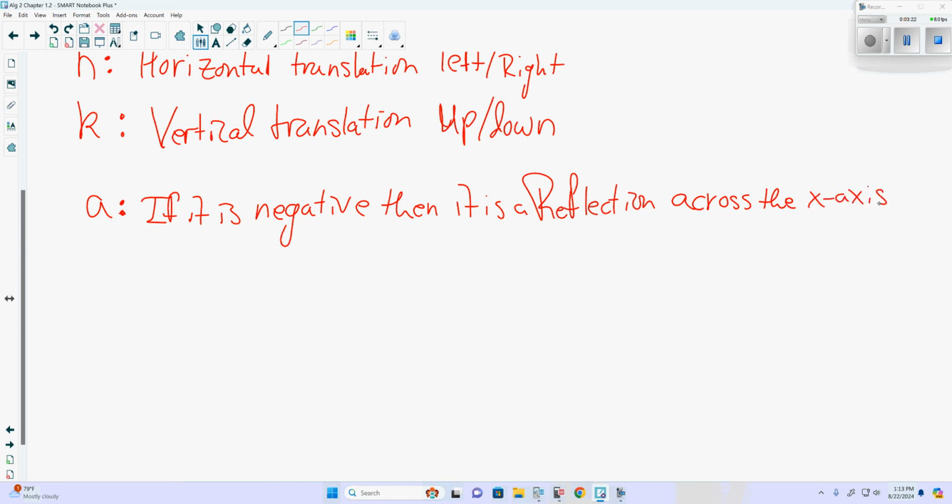It's not really focused on what the number is, just if it is negative. So if it's negative 2, it's a reflection across the x-axis. If it's just 2, there is no reflection. If it was negative 1/27, it's a reflection across the x-axis. It's not the number, it's the sign. Is it negative? If the value in that spot is negative, it's a reflection across the x-axis.